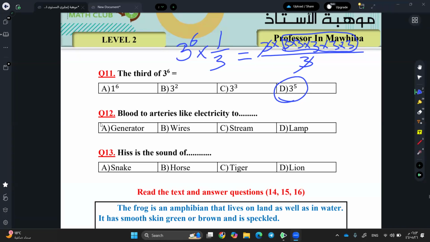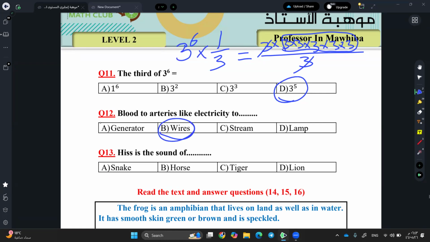Yes, question number 12. Blood to arteries like electricity to wires.